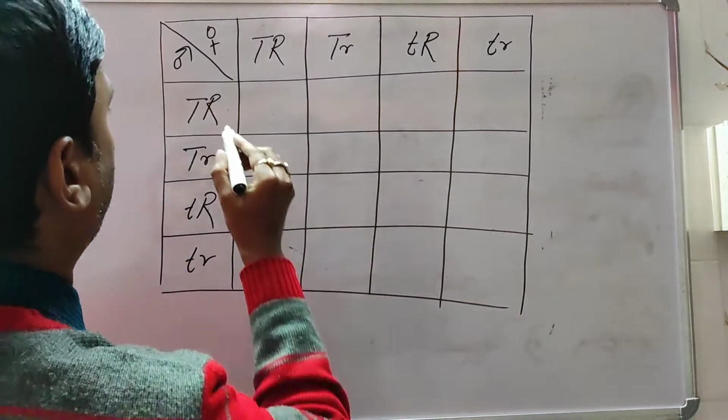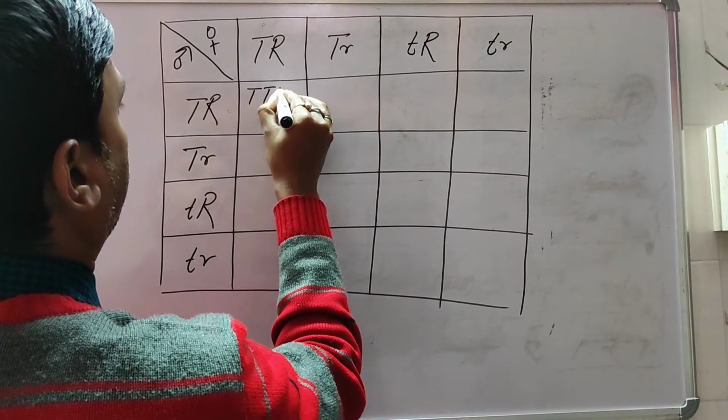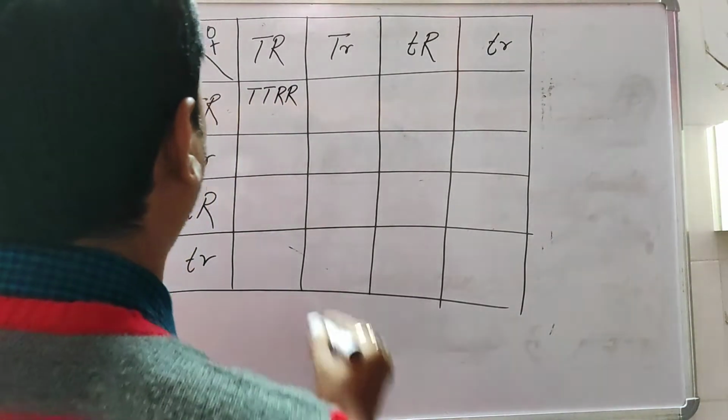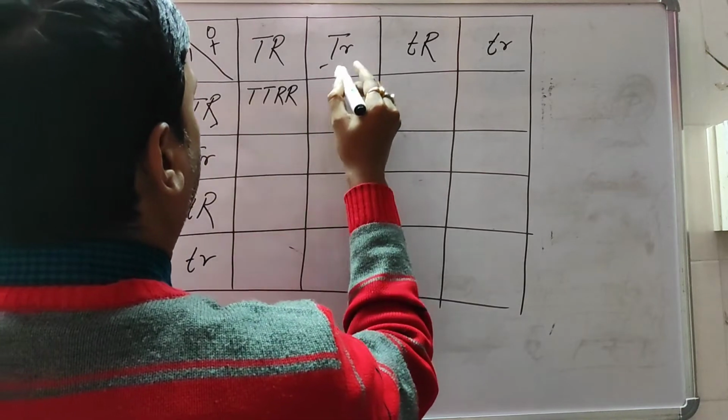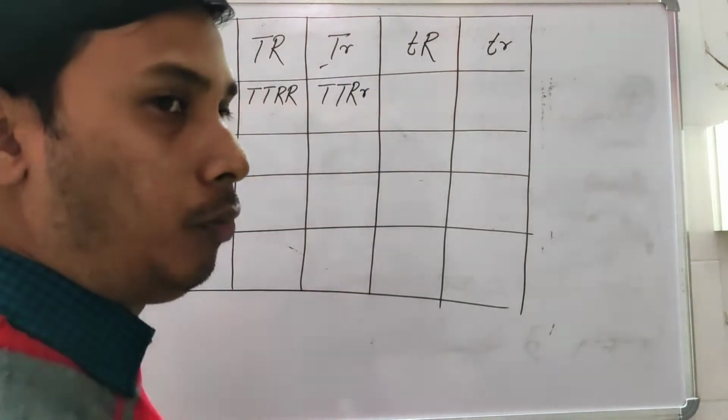Now make the cross. Capital T capital R with capital T capital R gives capital T capital T, capital R capital R. This one and this part give capital T capital T, capital R small r.